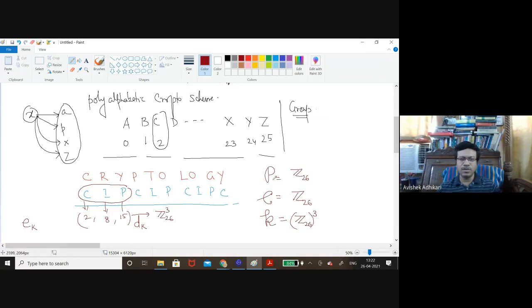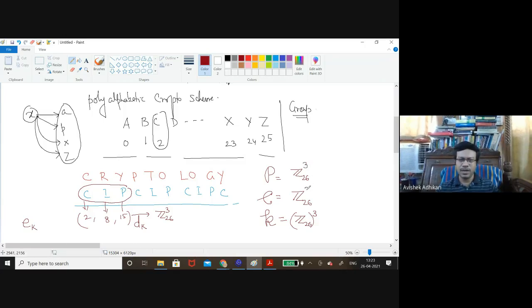Now tell me, what is your plain text space? What is your ciphertext space? The key space I have already given. The key will be acting on the plain text. If your key space is Z26 cubed, then in one go it will act on three plain text letters simultaneously.